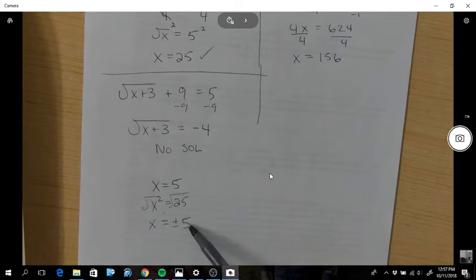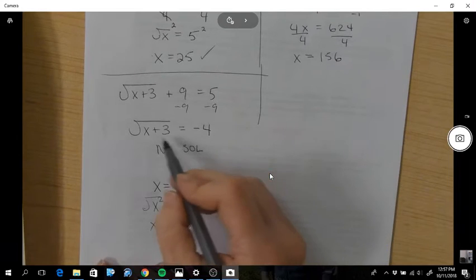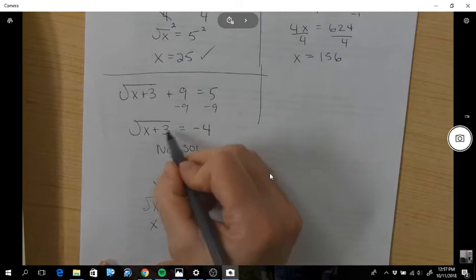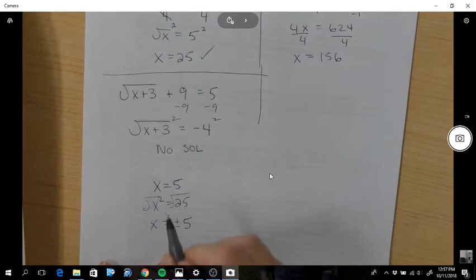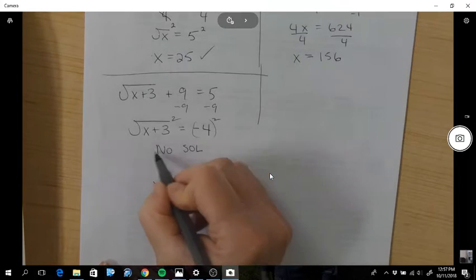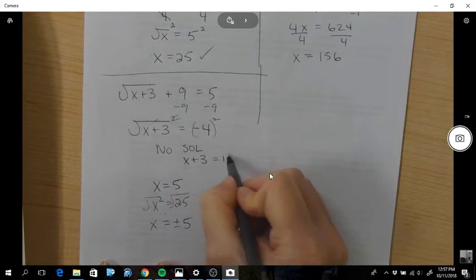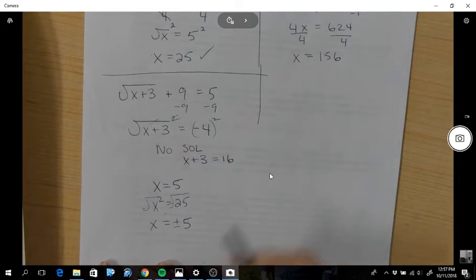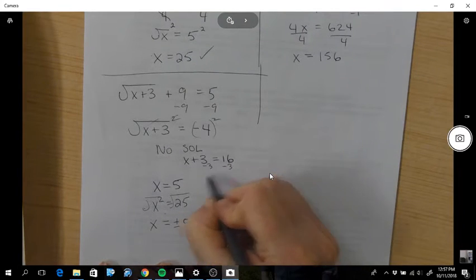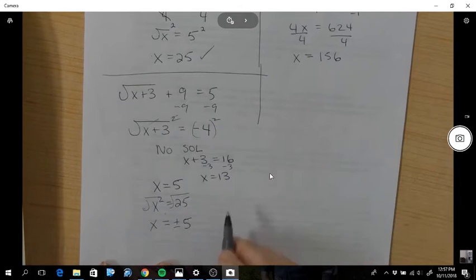So all of a sudden, can you see mathematically my steps are legit, but I've created myself an extra solution. Okay? So for instance, if we do solve this by squaring both sides, I would get this to cancel. I'd get x plus 3 equals 16. So therefore x would be 13.